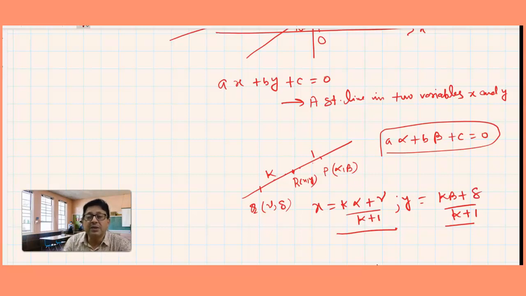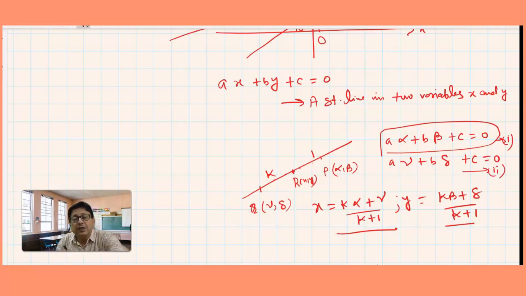Alpha beta is a point lying on the line, so the condition is valid: a alpha plus b beta plus c equal to 0. If gamma delta lies on the line, this condition will be valid: a gamma plus b delta plus c equal to 0. This is number 1 and this is number 2. So these two conditions are always known.